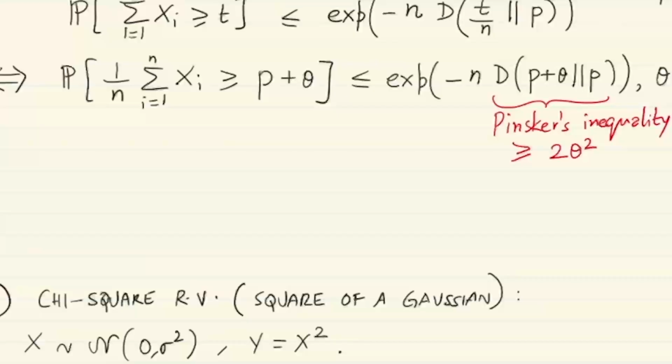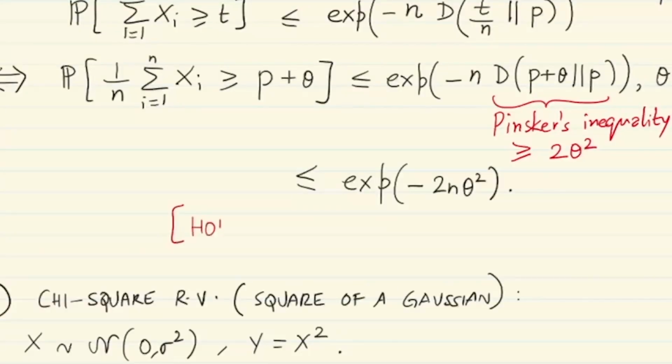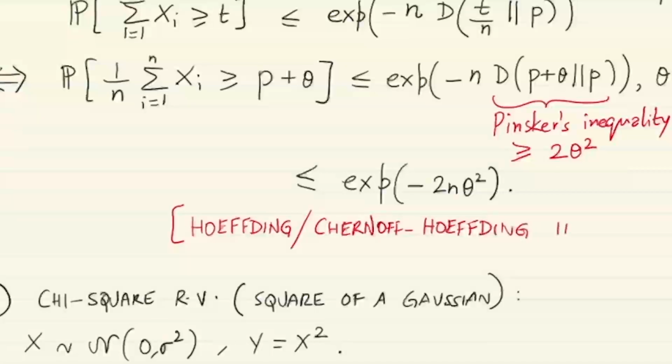So finally you have that the probability of the sample mean exceeding the true mean by an amount theta is at most e raised to minus 2n theta square, okay. So we'll see this later, but this is also what is called Hoeffding's inequality, or Chernoff-Hoeffding inequality, for Bernoulli random variables. Okay, so more later.